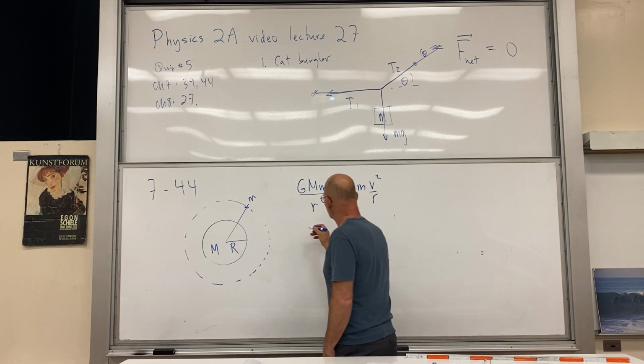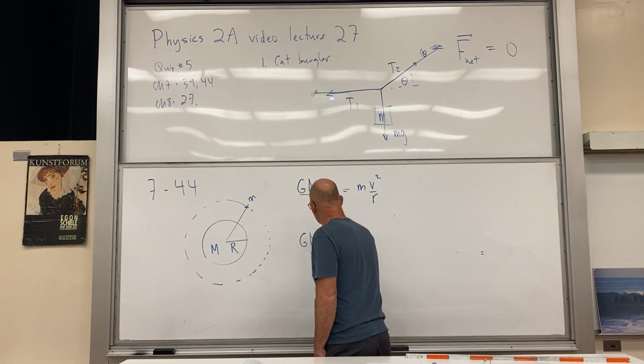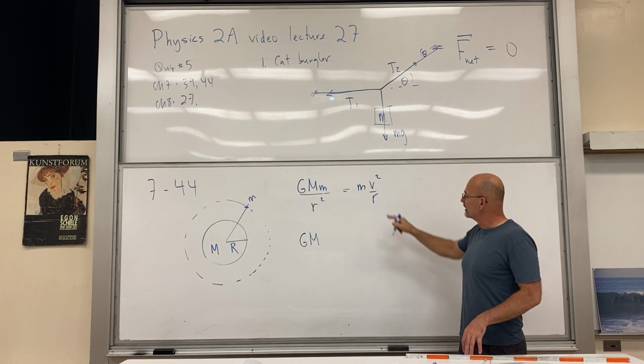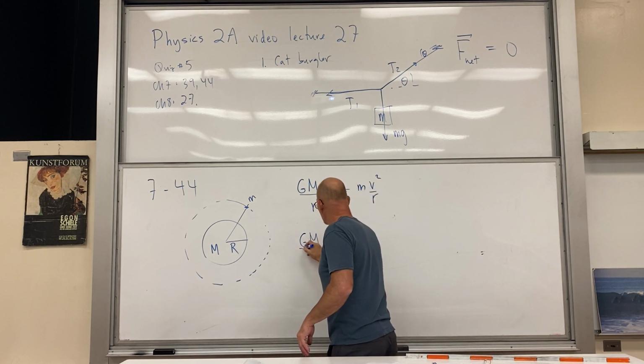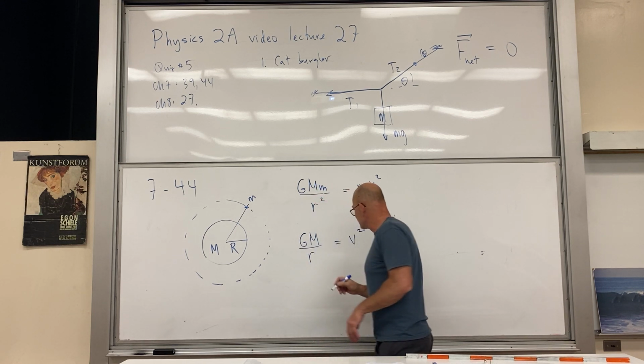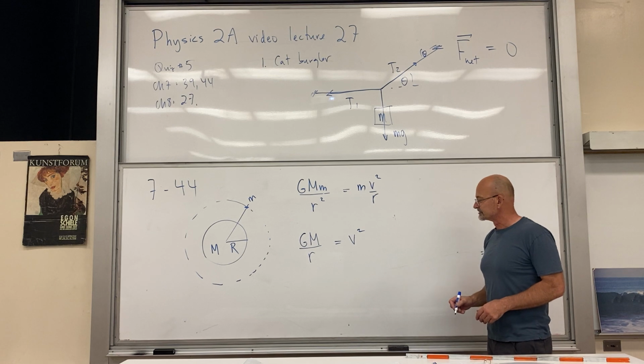And we can see now we have G, mass of Earth, mass of the satellite cancel. We have 1 power of R canceling. So that's the general expression for the speed, or speed squared.